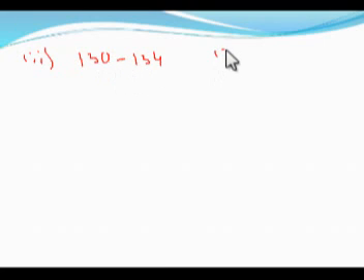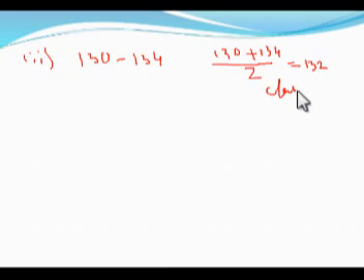We add 130 plus 134 and divide by 2. Then it will be 132. This is the class mark. In this way, the class mark can be found out.